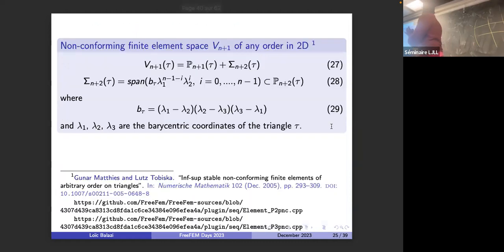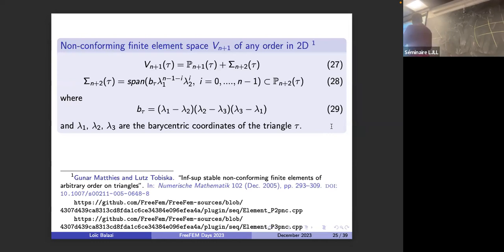And so, what we have done in 2D, we have found this finite element in the literature. It was a finite element developed by Gunar Matthies and Lutz Tobiska in 2005. And this finite element space is Pn plus 1 plus a subspace of Pn plus 2.